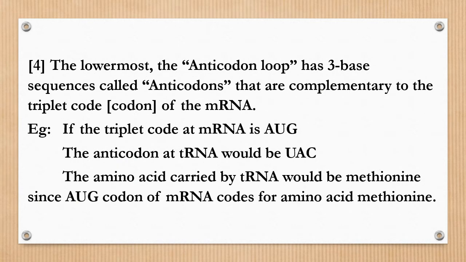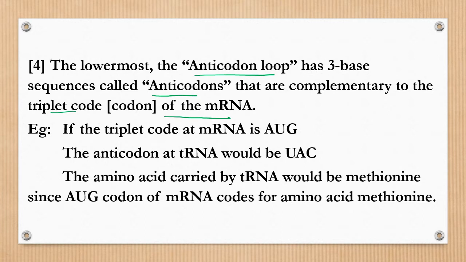And the lowermost part, that is called the anticodon loop, has three base sequences called anticodons. These anticodons are complementary to the triplet code, or codon, of mRNA.